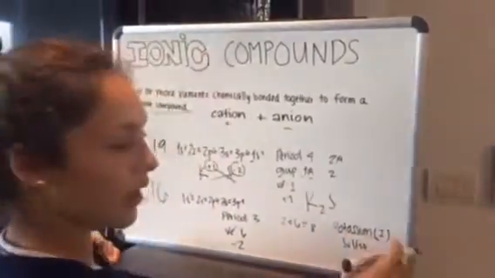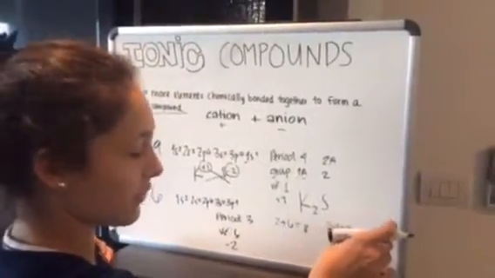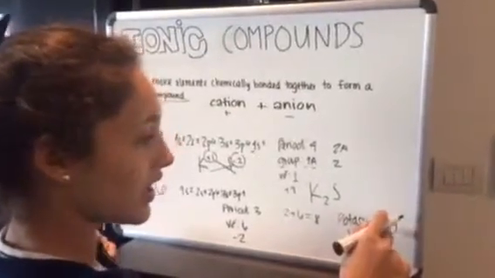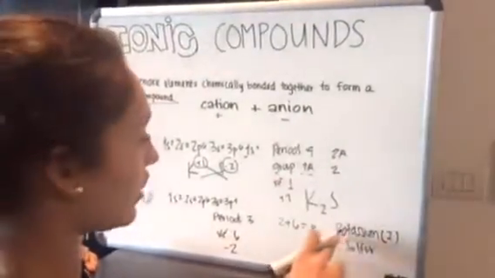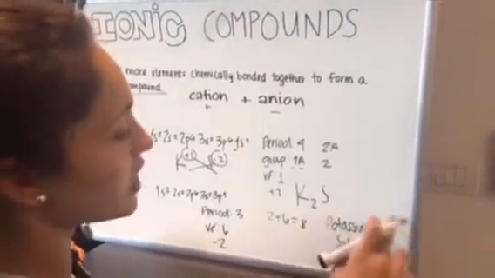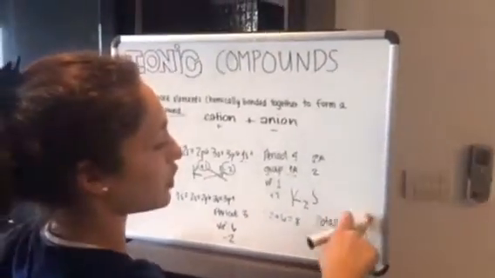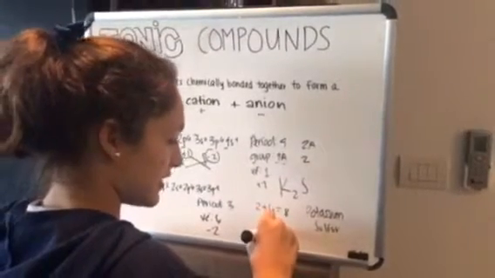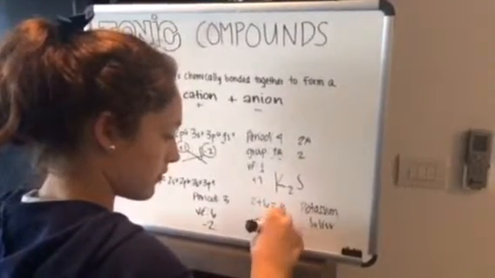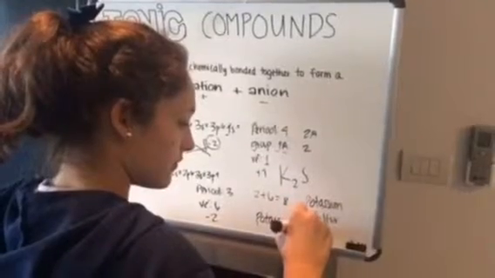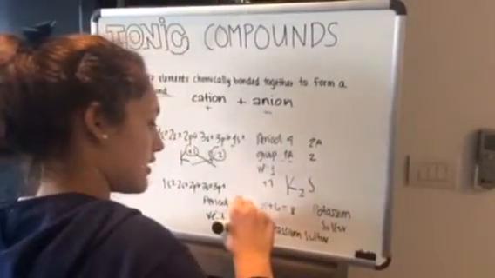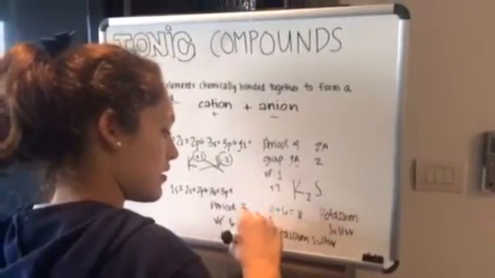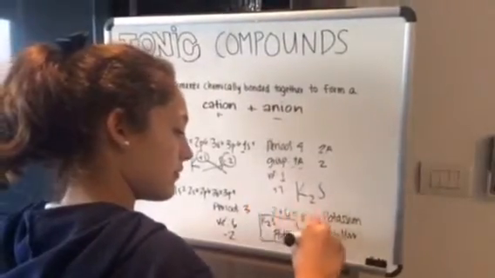And you don't put a parenthesis at the end. It is only between them. But since the 1 doesn't count, because you already know you needed 1 potassium, you don't use it. So the answer is just potassium sulfur. It is K2S, potassium sulfur.